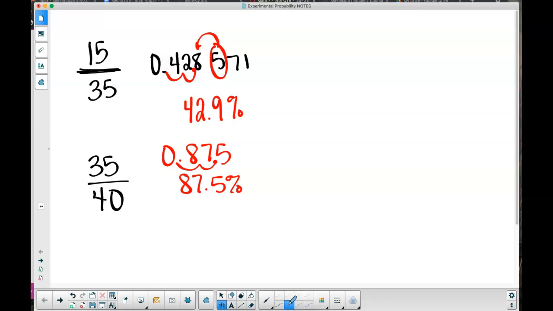Okay, what if you got 7 out of 10? What percent is that? Go ahead. Okay, be careful. So when you divide this, I think your calculator gives you 0.7.